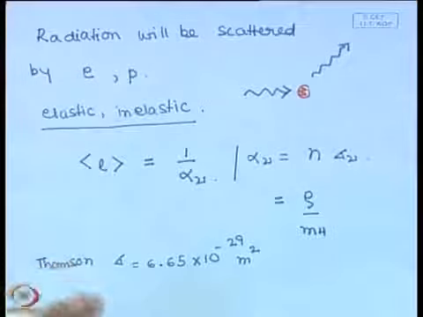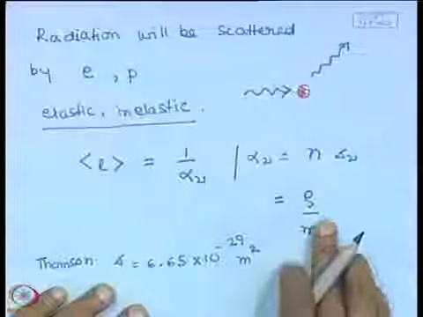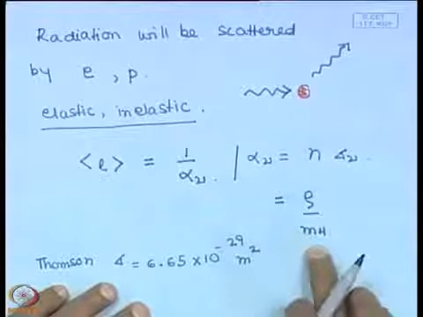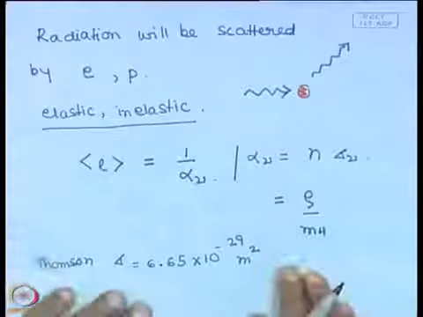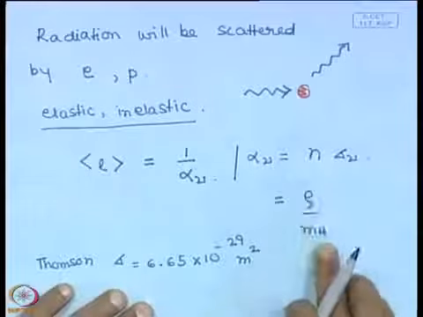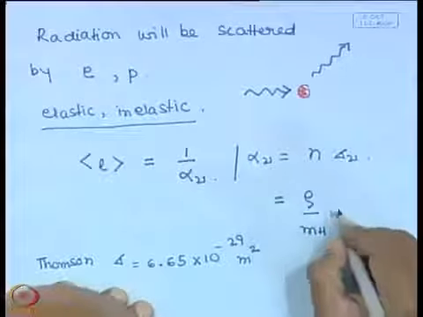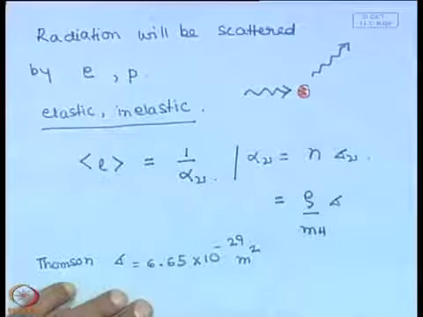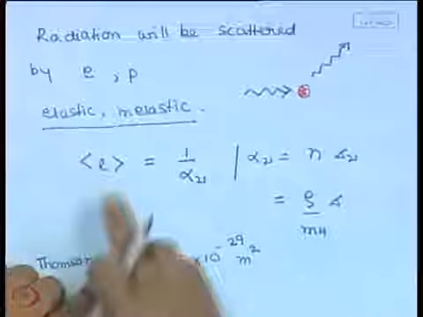So, the electrons inside the sun will scatter the radiation, and the number density of electrons is the same as the number density of hydrogen atoms, because it is all ionized, singly ionized. So, it is the density divided by the mass of hydrogen atom into the value of sigma. This will give me the absorption coefficient, and 1 by this absorption coefficient will give me the mean free path.